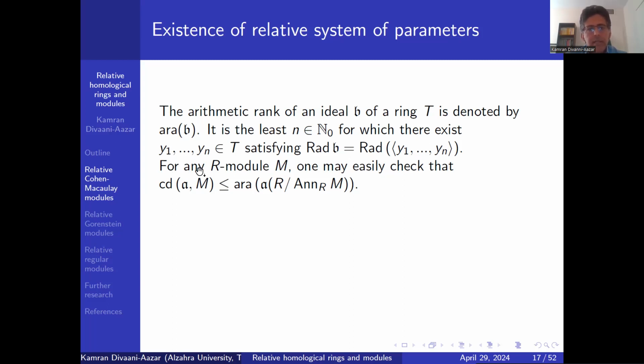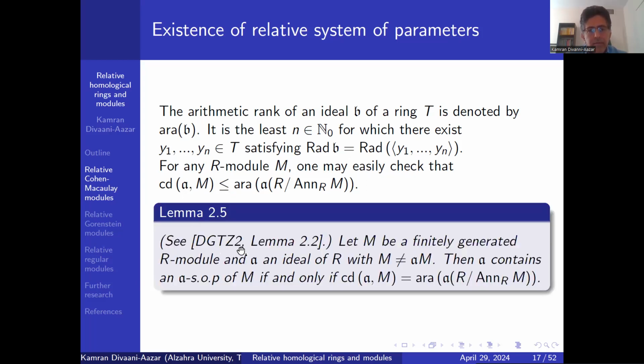Just as an easy exercise in local cohomology, one can see that for any R module M, we have this inequality. Now we can present a characterization for the existence of a system of parameters, a relative system of parameters.